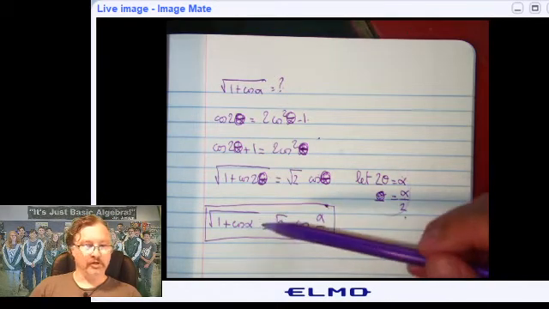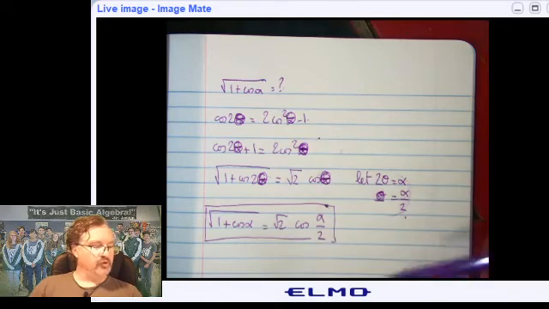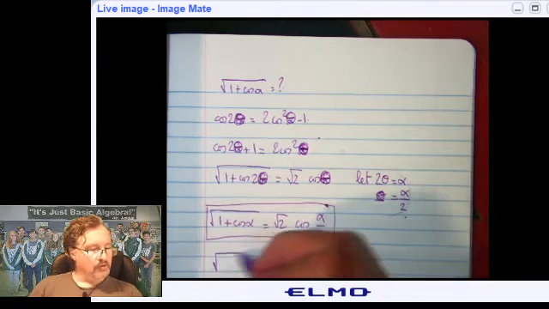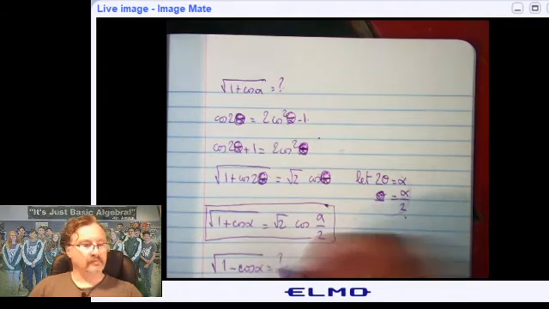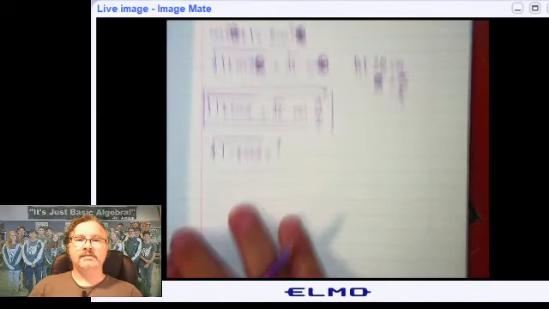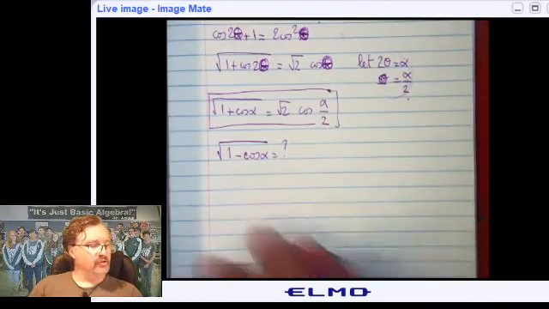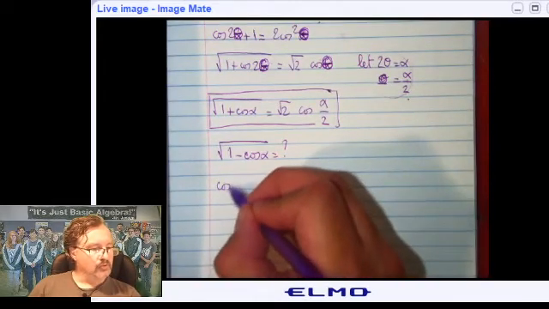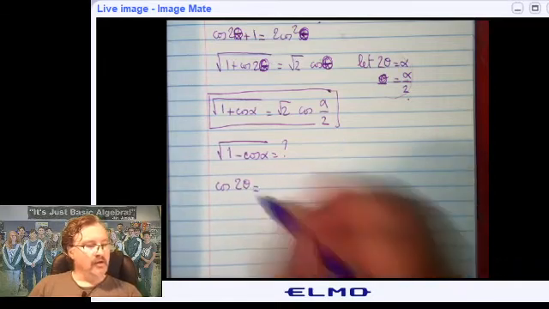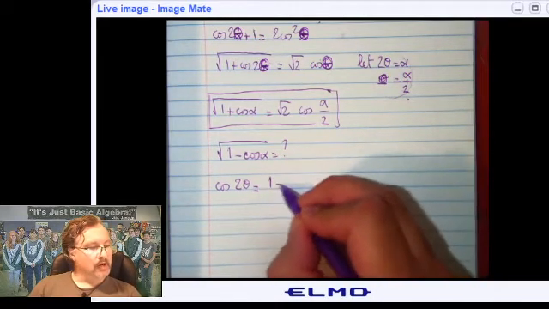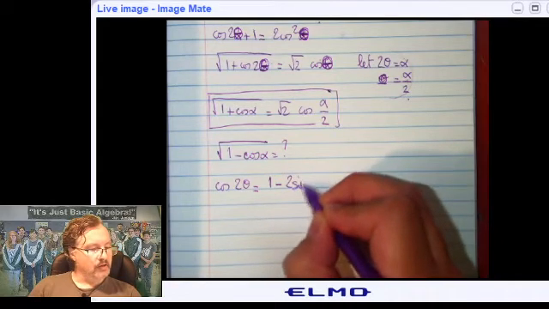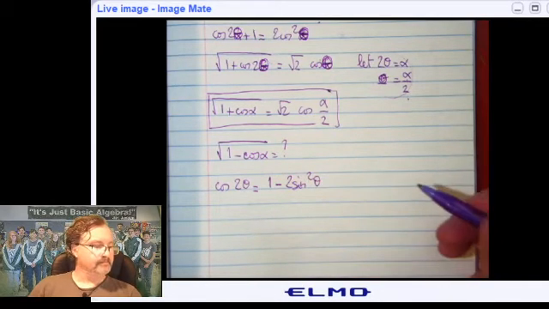Yep, so we're good. We're going to repeat this process with the square root of 1 minus cosine alpha. And instead of basing it on cosine 2 theta being equal to 2 cosine squared theta minus 1, we're going to say it's equal to 1 minus 2 sine squared theta. Okay?